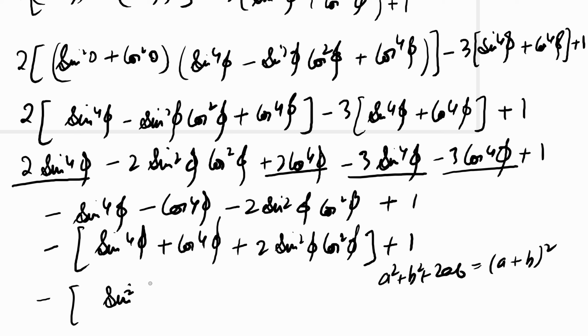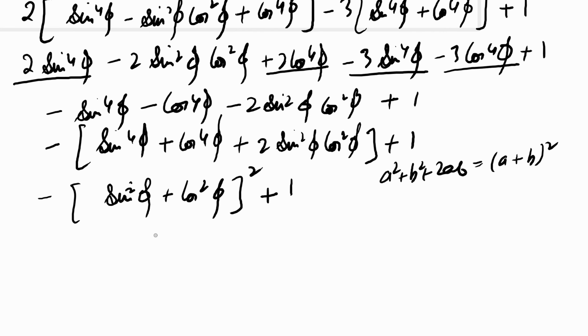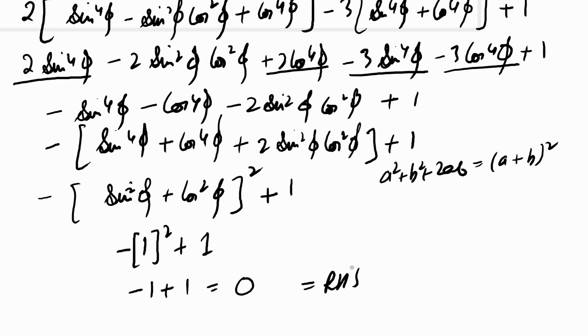So it will become sine square phi plus cos square phi, this is a plus b, whole square plus 1. Now sine square phi plus cos square phi is 1, so 1 square plus 1. So minus 1 plus 1 will turn out to be 0. That is the right hand side. I think this is a little tricky one, but you can do it.